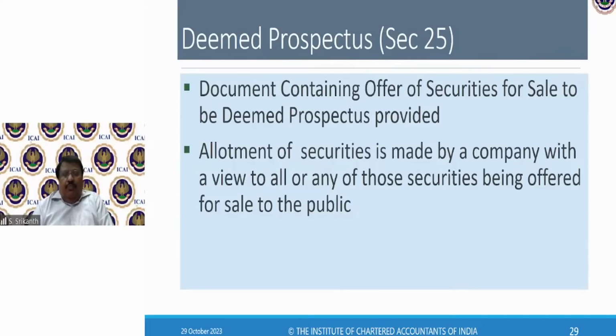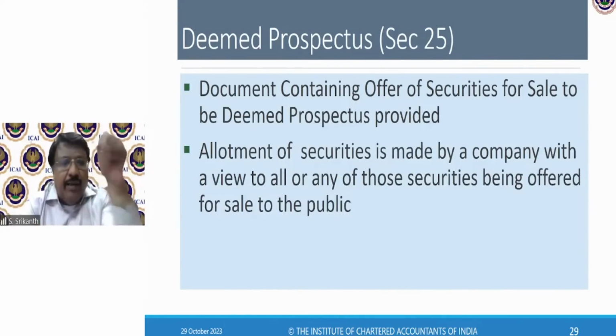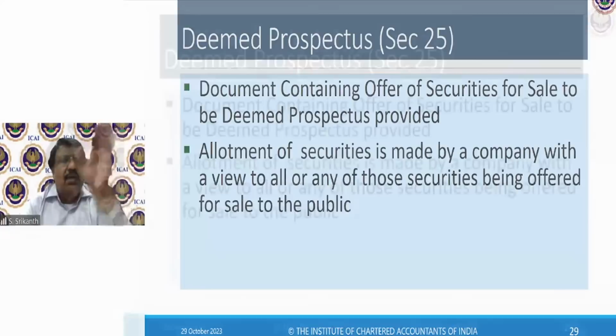Right. Now, what is this deemed prospectus? By now, you are quite familiar with the concept of deeming. Deeming, D-E-E-M-I-N-G, means creating a legal fiction, making something which is not there as real through law by saying, legally this is it.